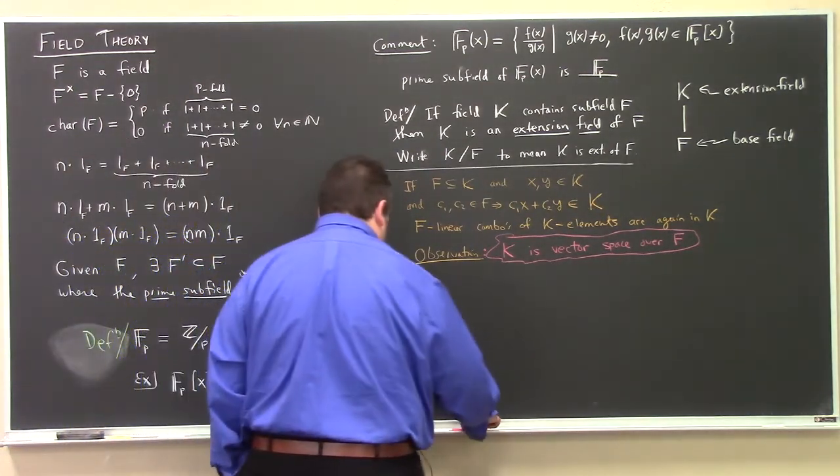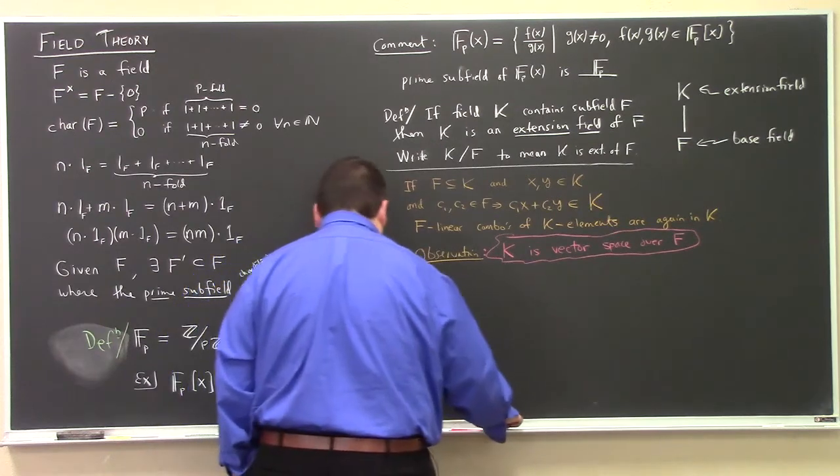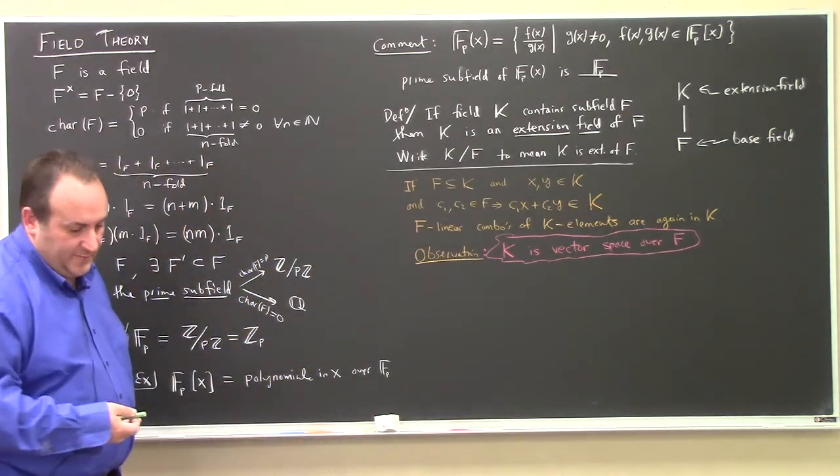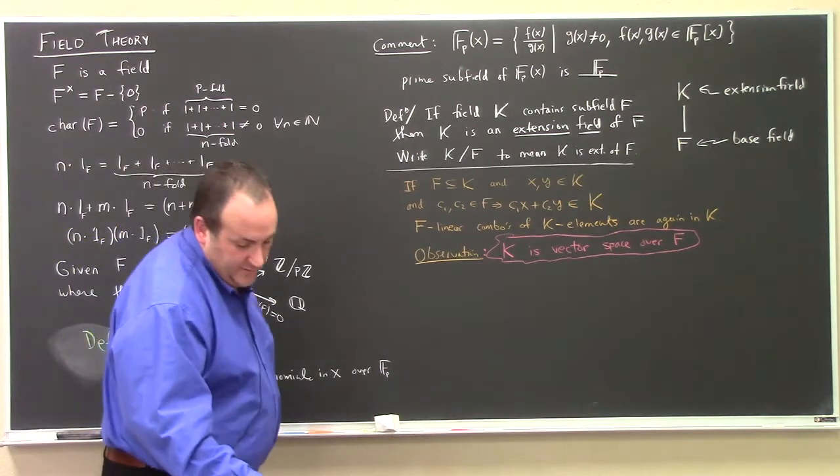So if K is finite dimensional over F, then we have a definition for that. It's called the degree, right?